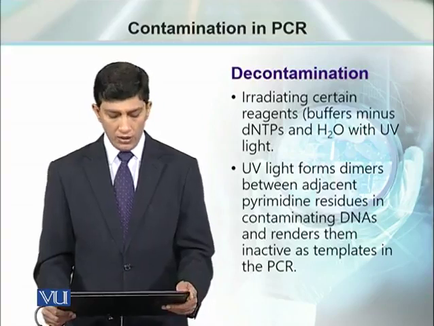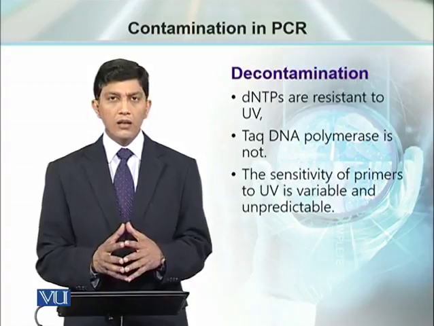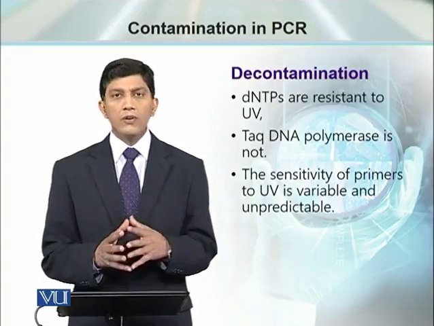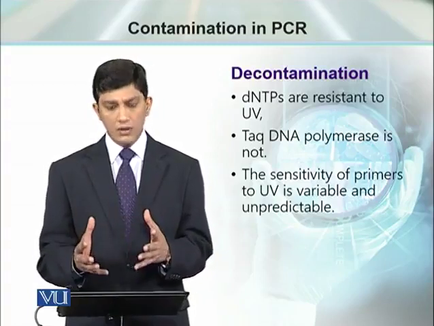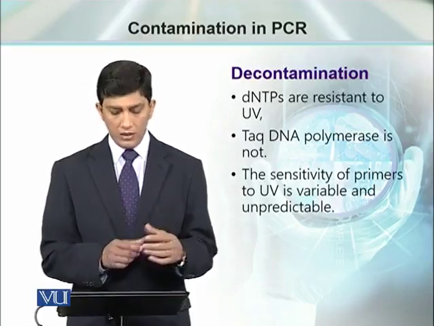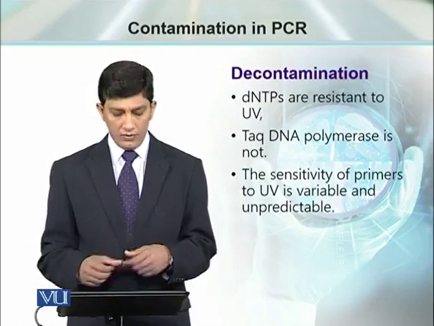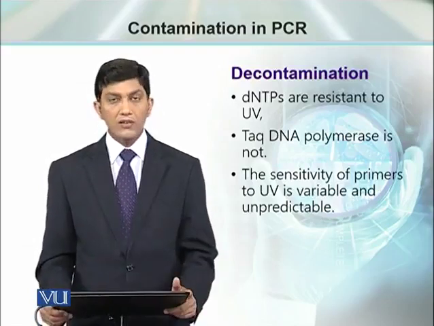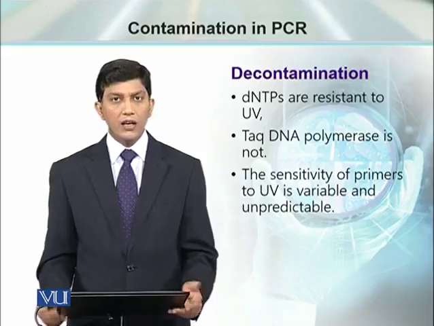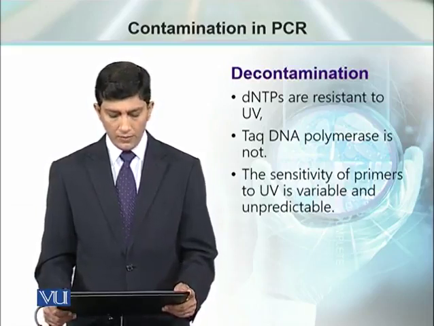So UV light can be used for decontaminating some small surfaces of the equipment, some plasticware, but not the DNA or the dNTPs. Taq DNA polymerase is not resistant to the UV light. It can be decontaminated using UV light.